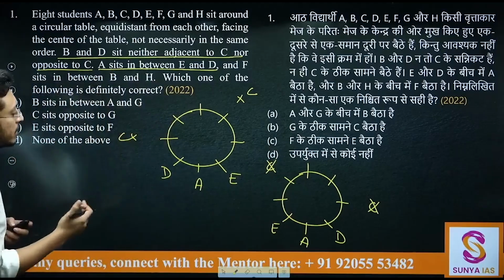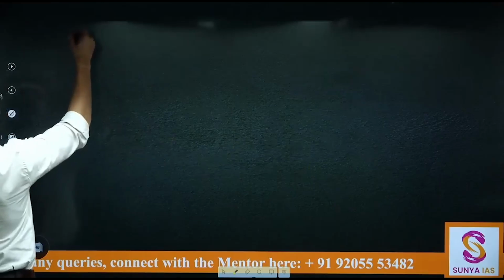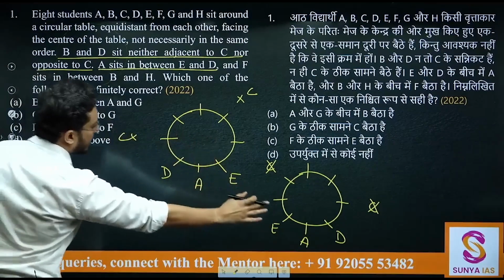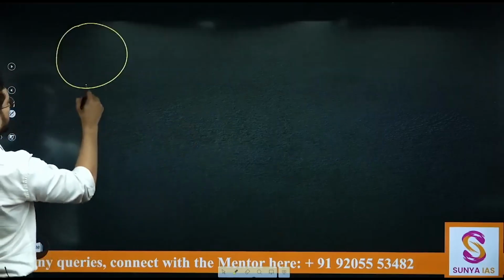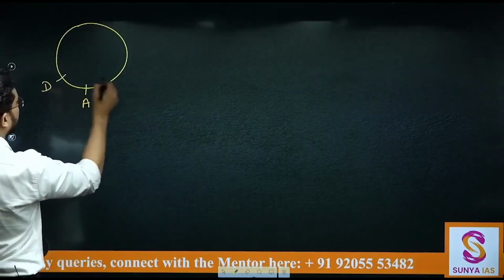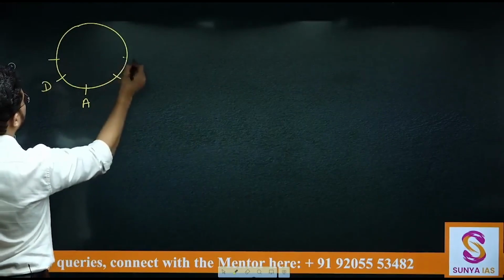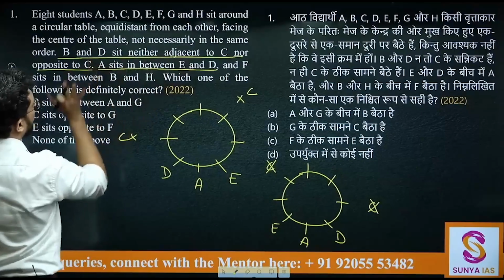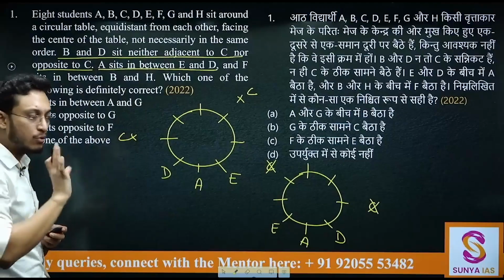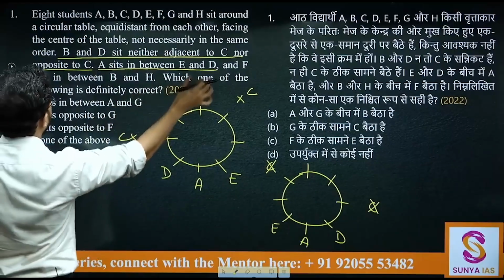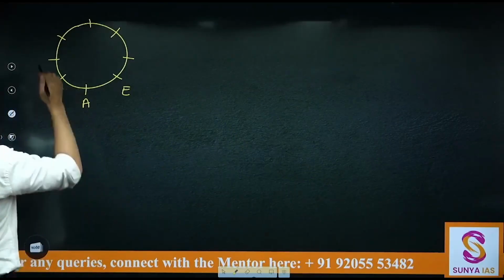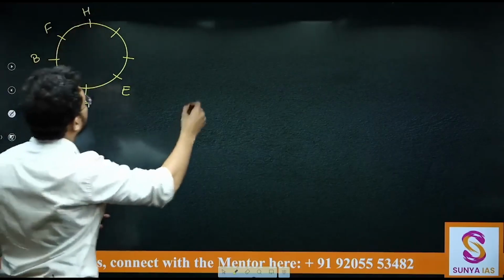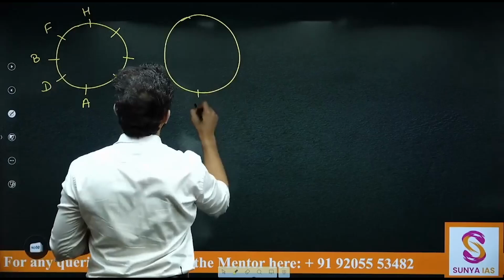So let's start making cases. I'll be needing more space. I'll make a few cases here. If I consider just this, I'm not making cases with this, I'm just making cases with this, and let's see if we are reaching the answer or not. It is given that C is not adjacent or opposite to B and D, so I'll focus on this. Next, it is given that F sits between B and H. So let's say F sits between B and H. It can be like this.